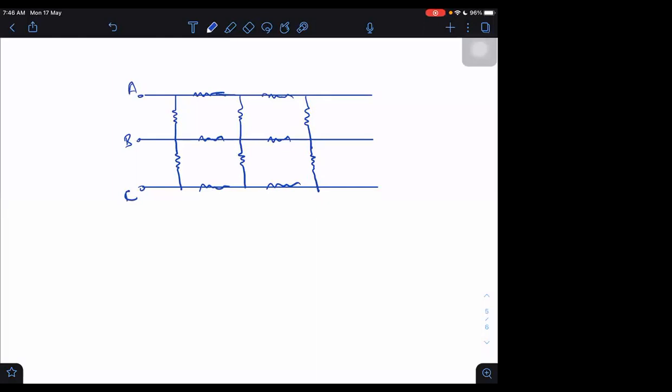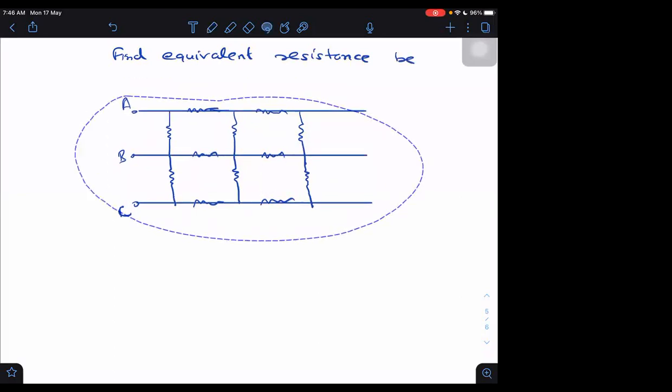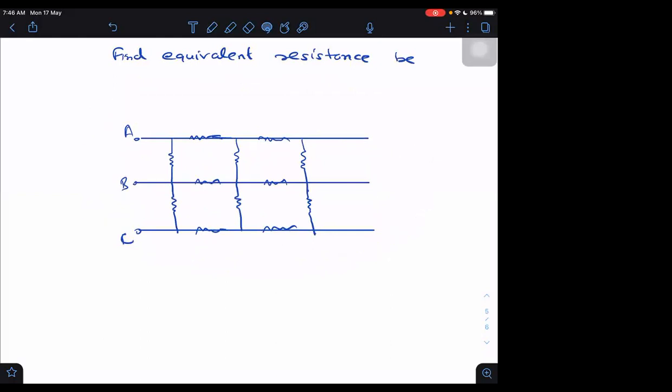Find out the equivalent resistance between A and B.